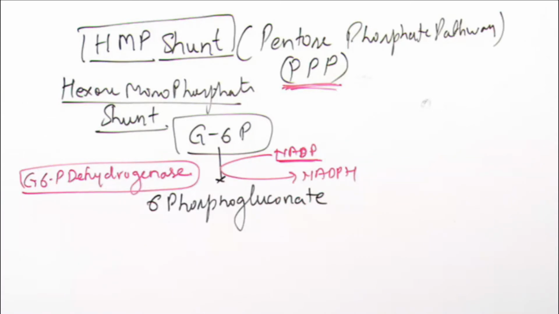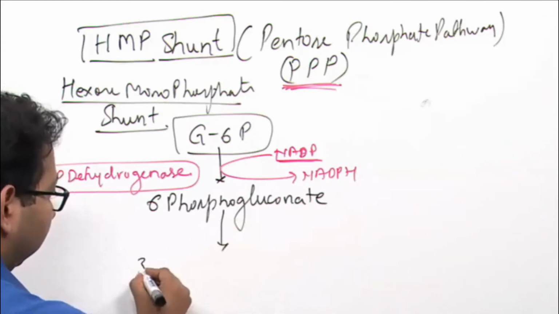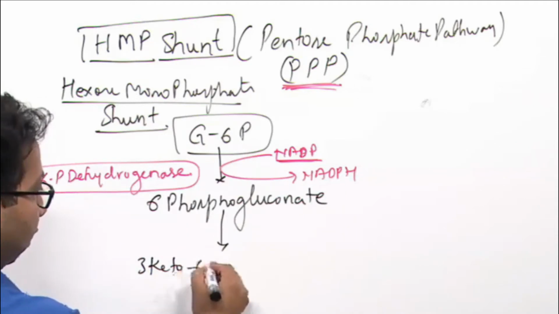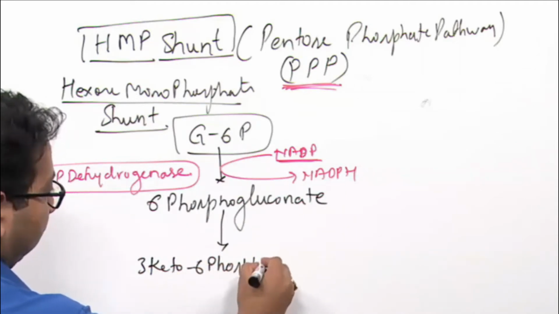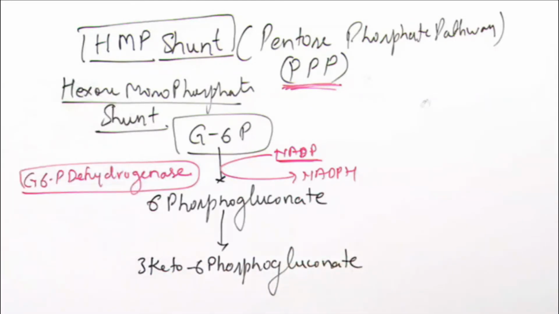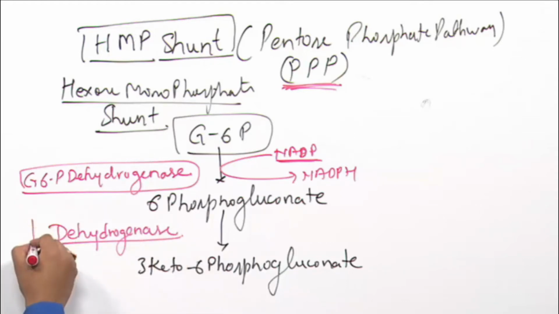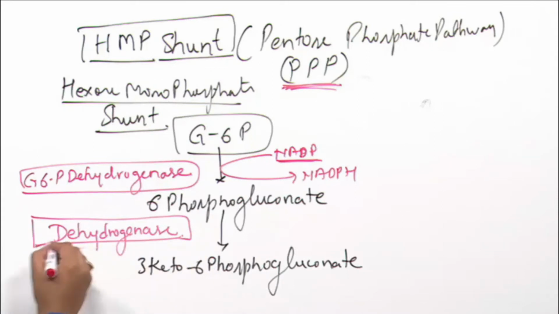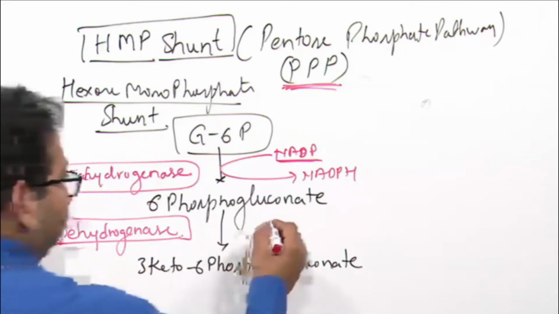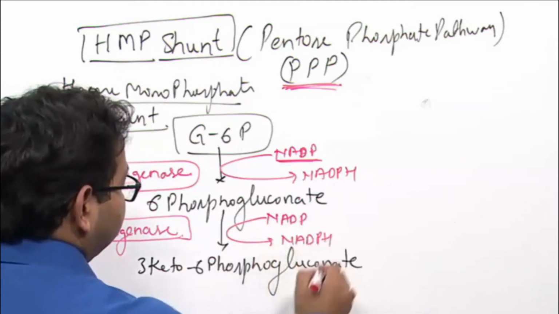Now 6 phosphogluconate is converted to 3 keto 6 phosphogluconate, another dehydrogenase. NADP is converted to NADPH.